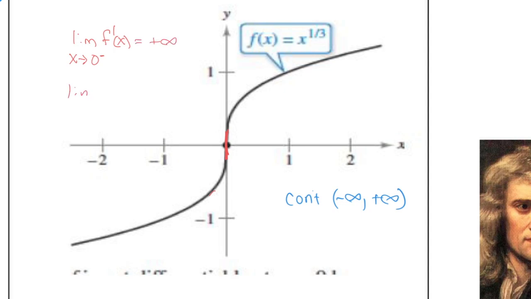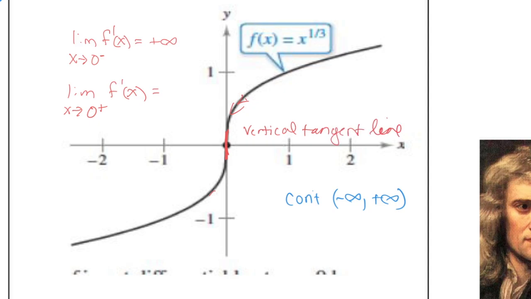But if you take the limit as x approaches from the right side of 0 for f prime of x, it's also heading towards, oh no, it kind of looks like negative infinity as you head downward. It's a vertical tangent line. So when you have a vertical tangent line, that messes everything up.